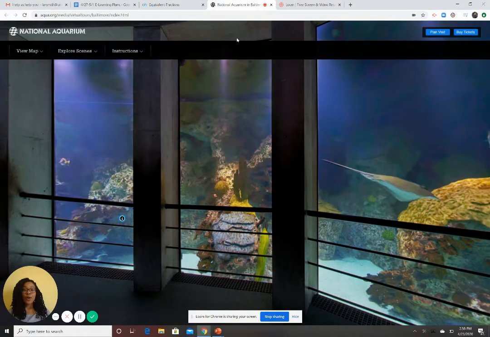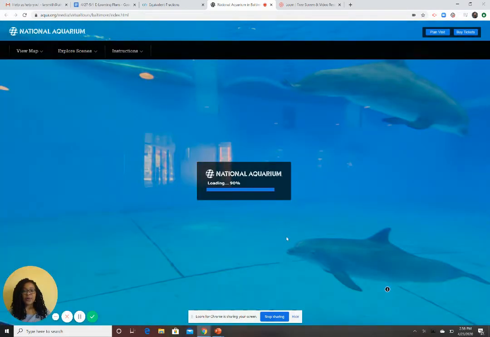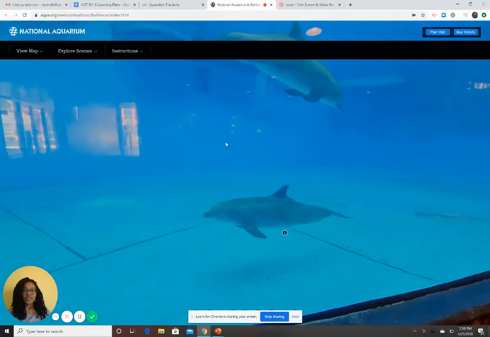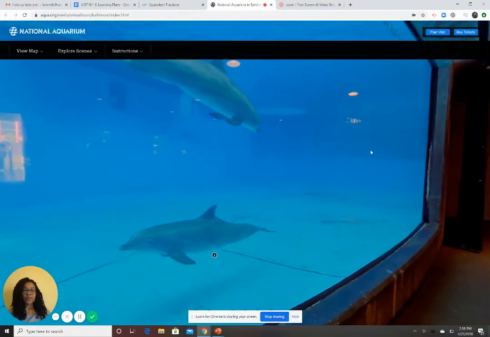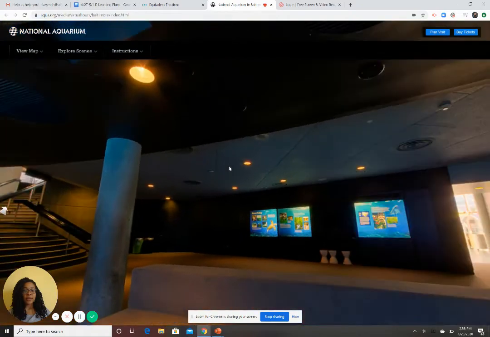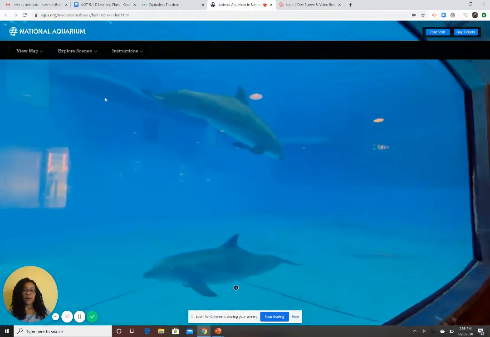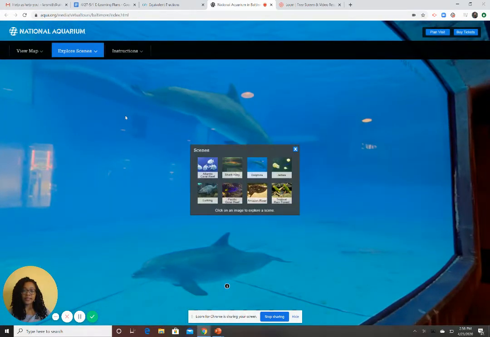So you can go online and you can look at different scenes at the aquarium. So here we're going to click on the dolphin scene. And so it'll load and you can actually look around the aquarium and kind of see what that exhibit looks like, which is really cool. So we'll look at one more. Let's look at the tropical rainforest.